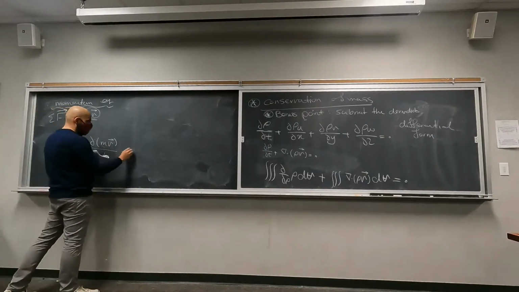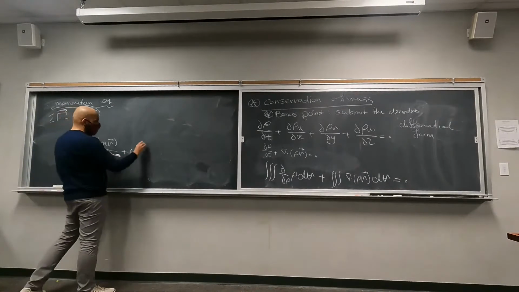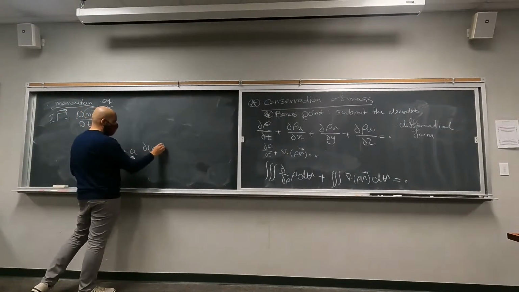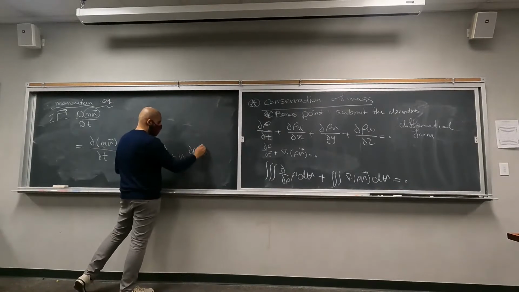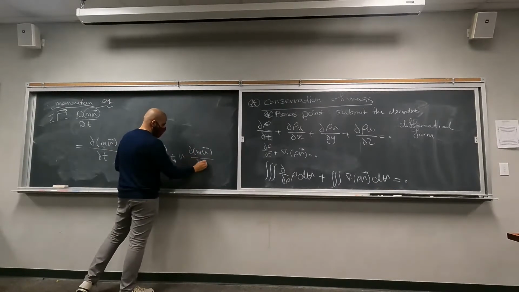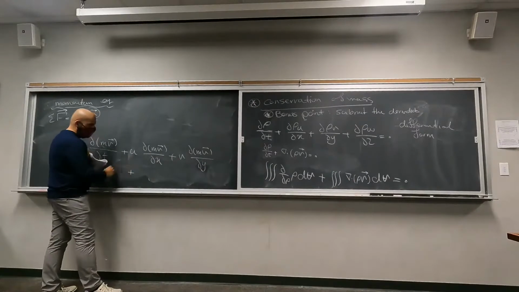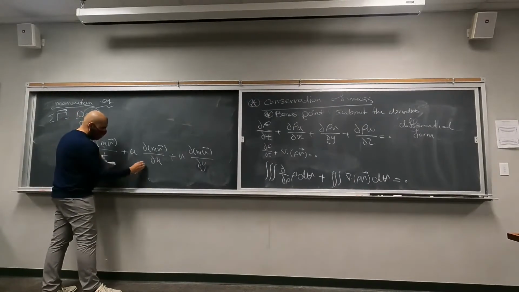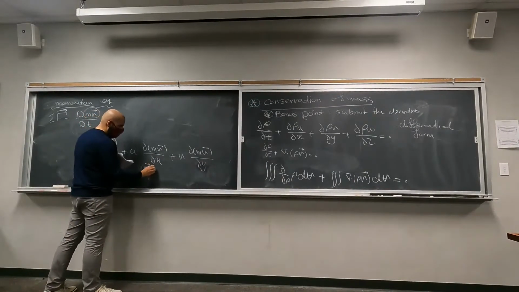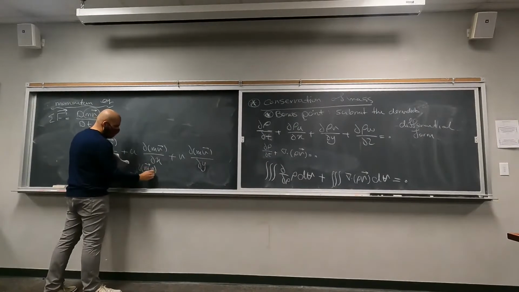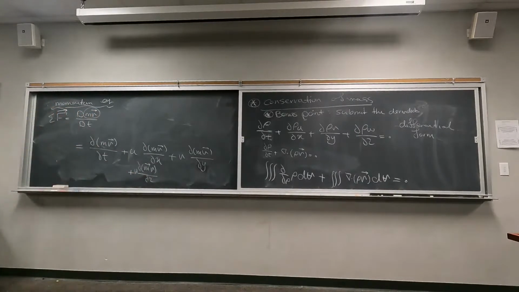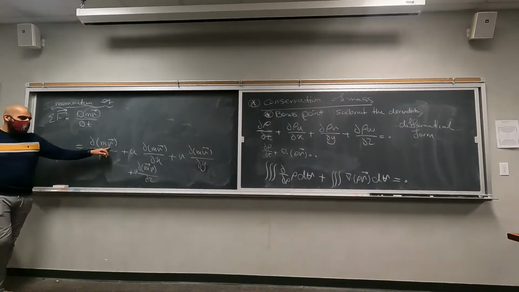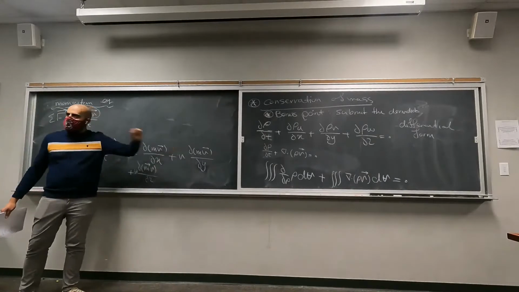Plus u partial mv partial x plus v partial mv partial y plus w partial mv partial z. Okay, so inside these derivatives, as you can see, we have a vector, a velocity vector.